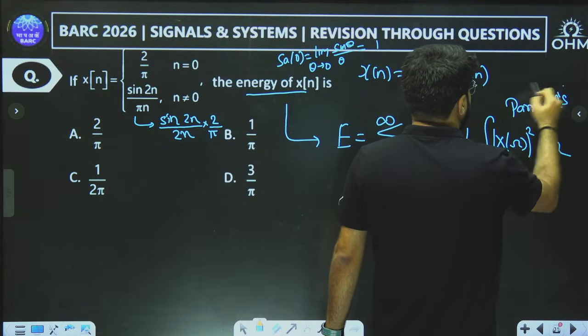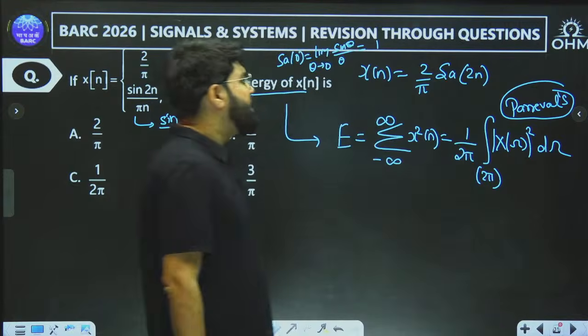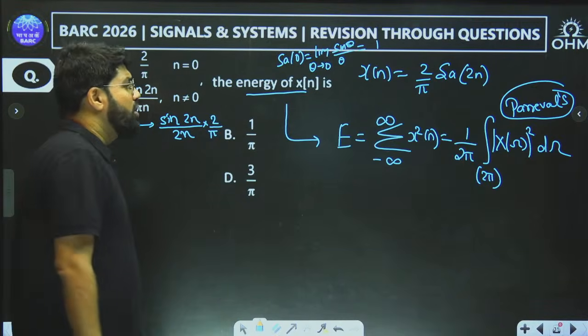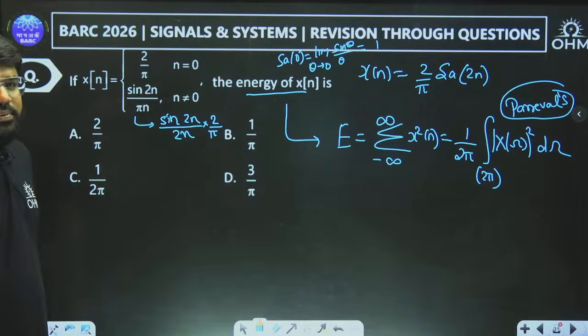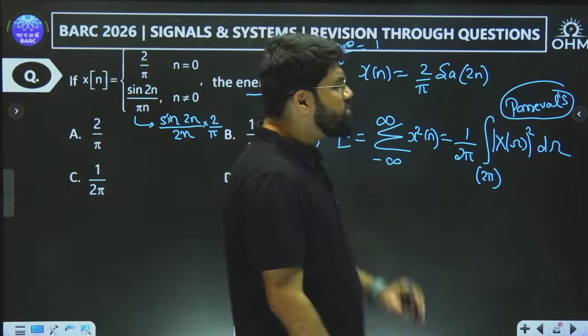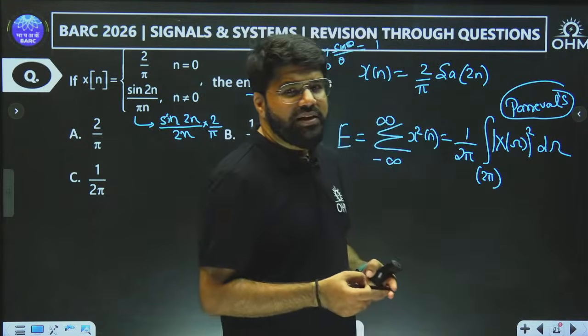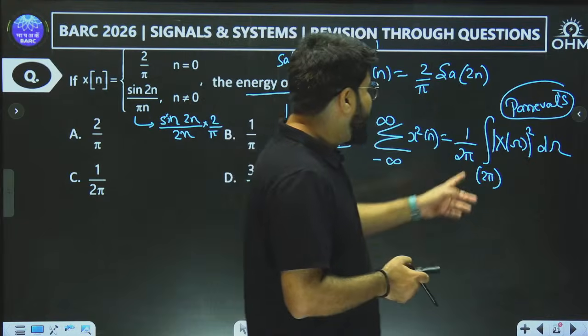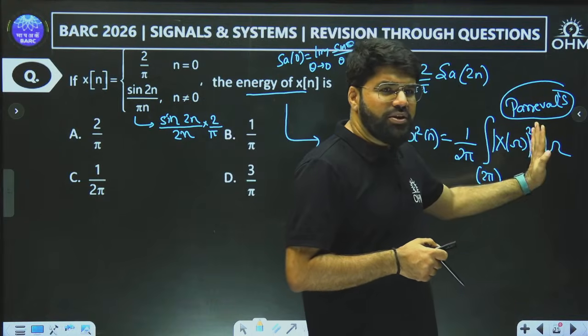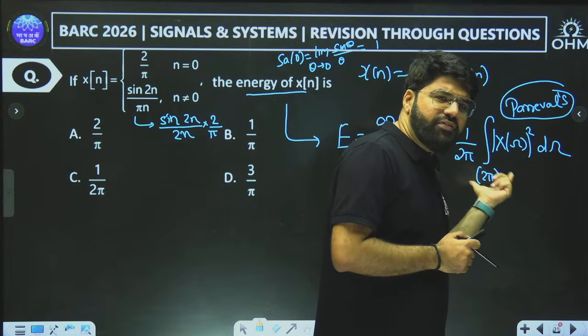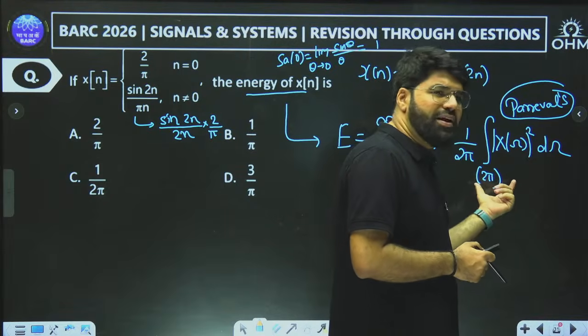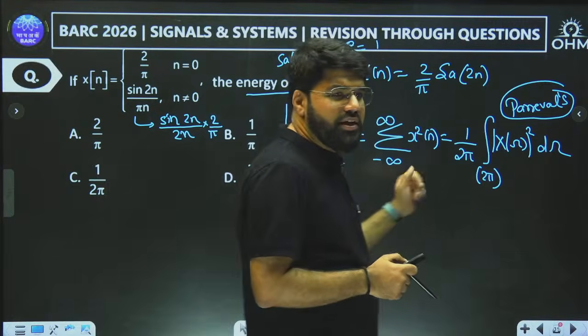Because the summation of such a signal would be really tedious. If you think about solving summation of sampling 2n, the sampling function would be tedious. You can use the Parseval's relation. What is the Parseval's formula in case of DTFT? 1 upon 2 pi integral mod X(omega) whole square d omega. Similar to CTFT, only thing is, because DTFT is periodic with period 2 pi, only one period is sufficient to compute the result.